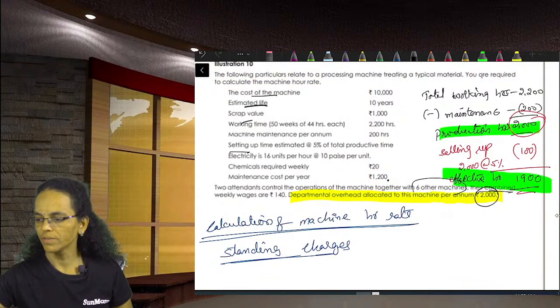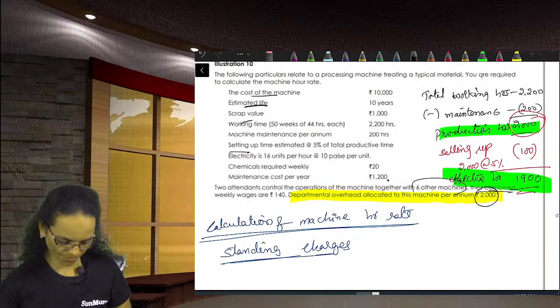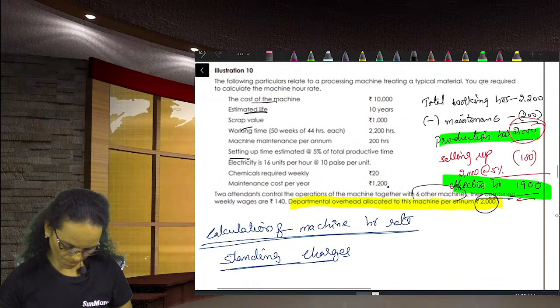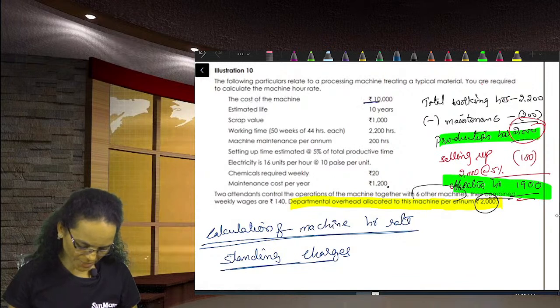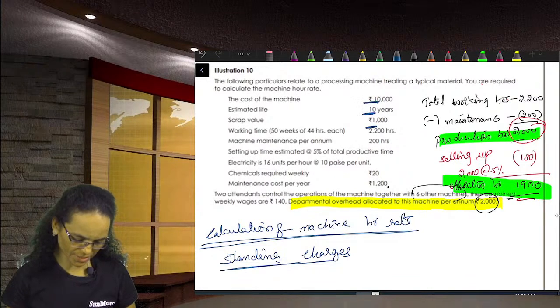Depreciation is given. Okay, depreciation is given, that is the value of the asset is given, life of the machine is given and scrap value is given.